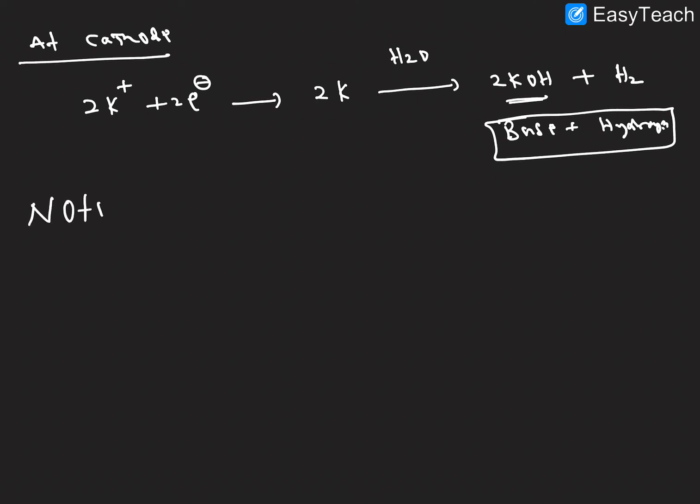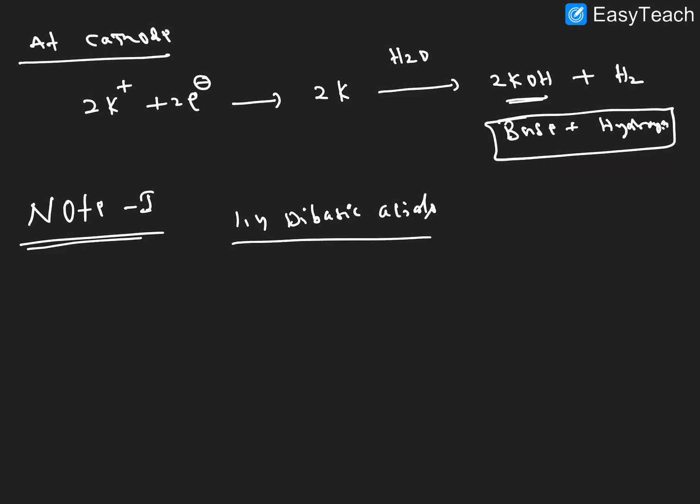Next reaction, very important, note 1. So 1,4 dibasic acid. Till now we were seeing monobasic acid, now dibasic acid. We will see the Kolbe reaction, an intramolecular Kolbe reaction taking place. Here we'll get the saturated, unsaturated alkene also.